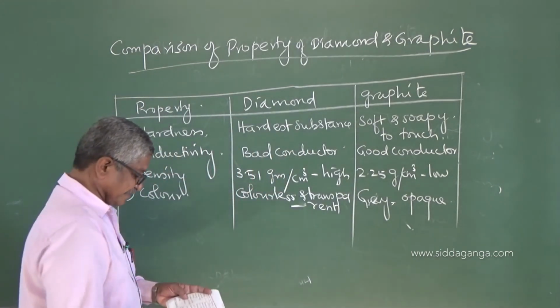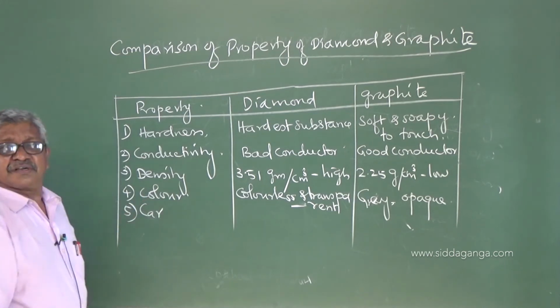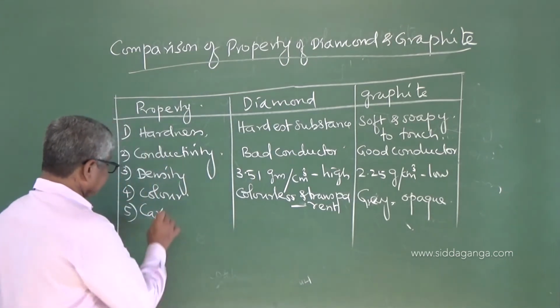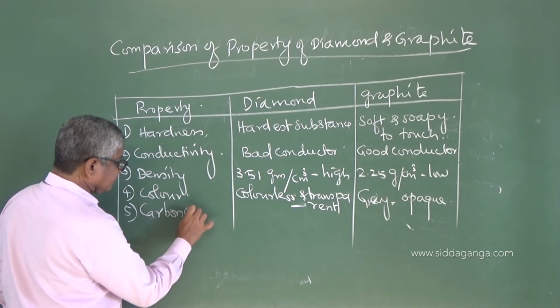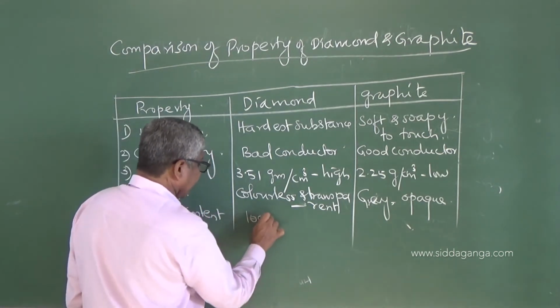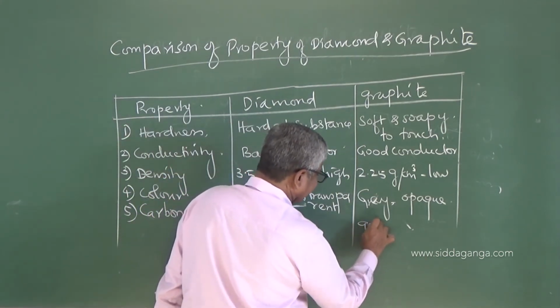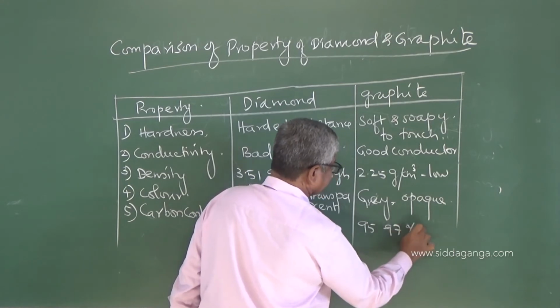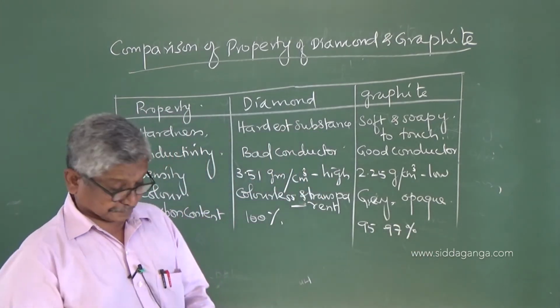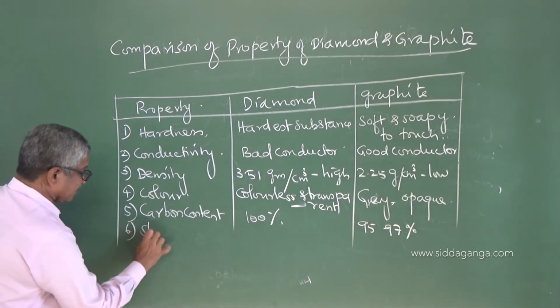Next, carbon content: 100% for the diamond, 95 to 97% for the graphite. Then shape of the crystal.